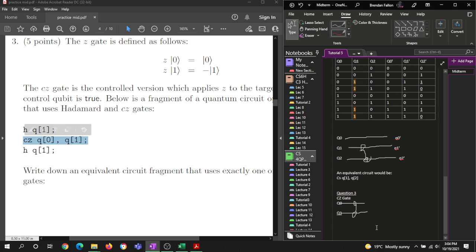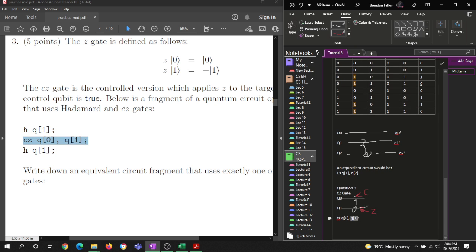In this case, this is the control, and I'm going to mark it with a C here, and this one's the actual thing that Z is being applied to. So it's always going to be the second one that has the Z applied to it. So Z is being applied to Q1 whenever Q0 is 1.